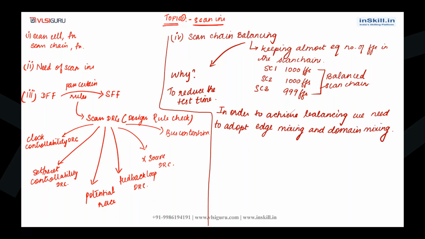In order to achieve balancing, we need to adopt edge mixing and domain mixing. Balancing means keeping almost equal number of flops in the scan chain.